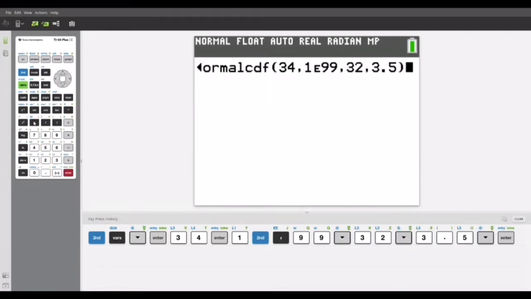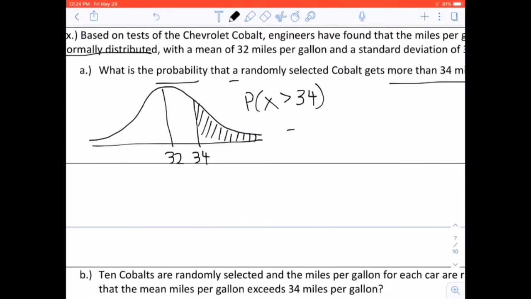Select paste, hit enter one more time, and this gives you the probability. From the calculator, we get 0.2839. So the probability that a randomly selected Cobalt gets more than 34 miles per gallon is 0.2839.